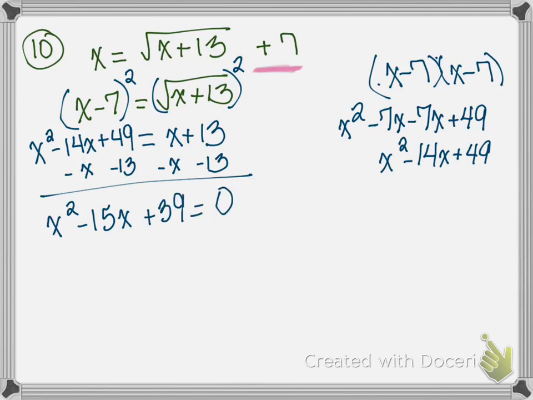Nope, not 39. 36, thank you. 36. Okay, and this factors. Two numbers multiplied together give me 36 and added together give me negative 15: negative 12 and negative 3.